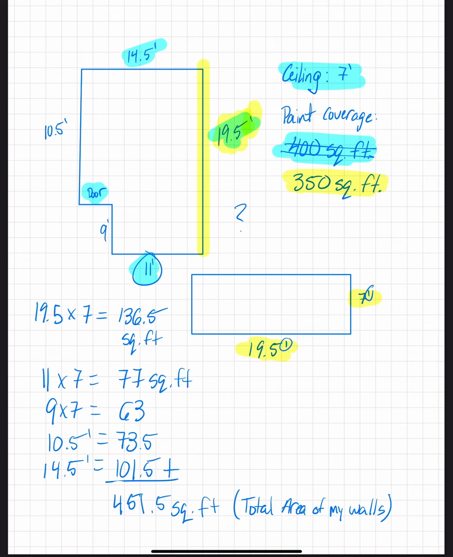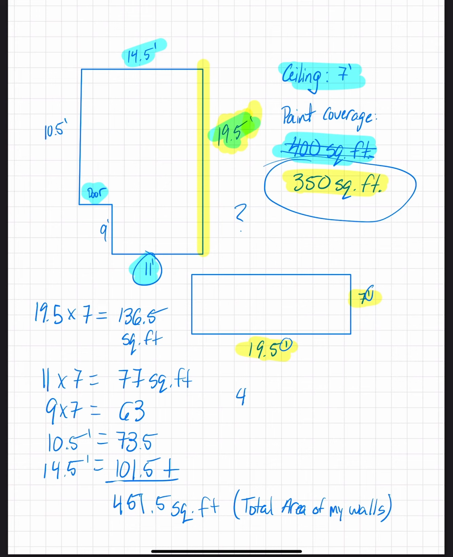Okay. Now, am I done with my problem? No. I found the total area of my walls, but what am I actually looking for? I'm looking for how many gallons or jugs of paint am I going to need? Well, I got to take the total amount of coverage that my gallon of paint can do, which is 350.